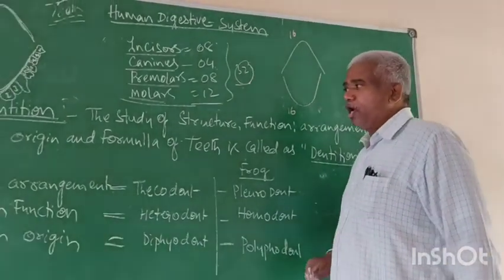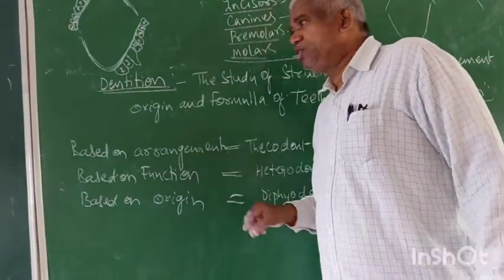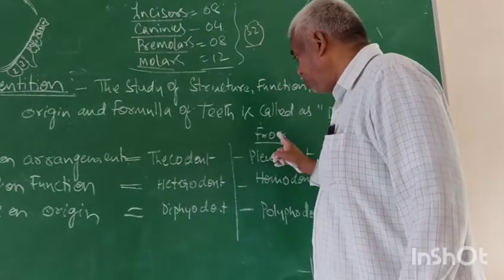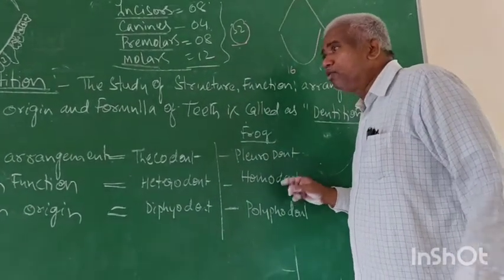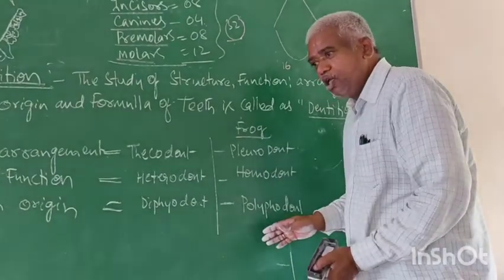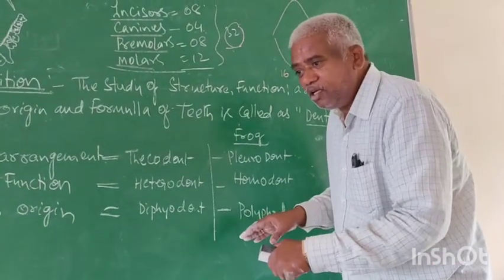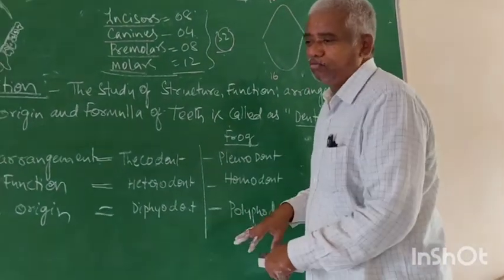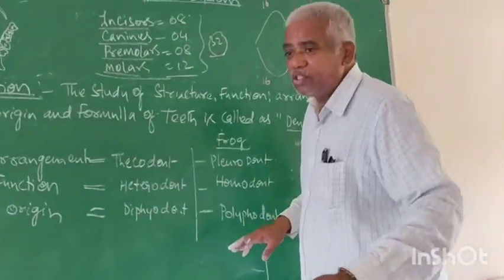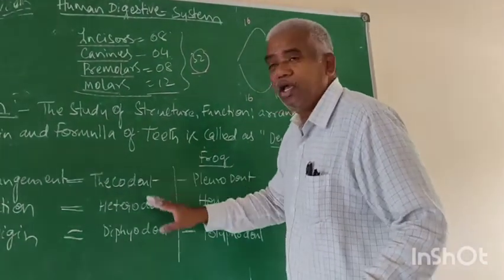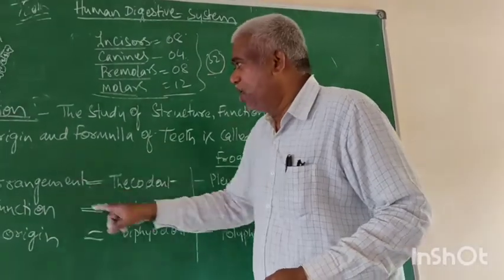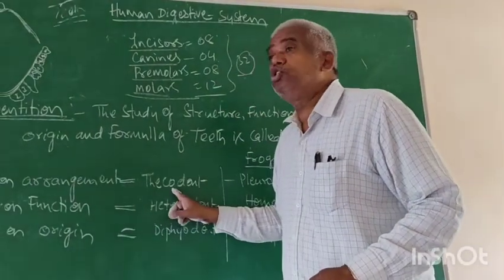I just told you that teeth are arranged on the jaws. Based on arrangement, teeth are acrodont, thecodont, pleurodont. Of course, it is not necessary, but for your understanding I am comparing with the frog. In the NCERT syllabus it is not given. Only the human arrangement is needed; in humans, based on arrangement, it is thecodont.